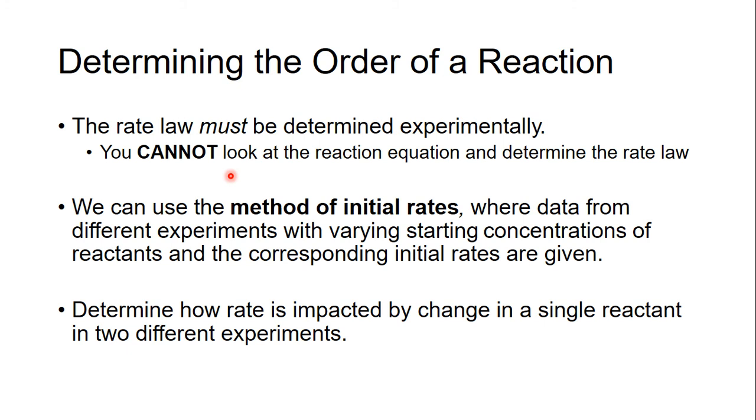It does not work that way. What you have to do is experimentally run this reaction in very short intervals and vary your starting concentrations of your reactants. By varying the starting concentration, you can deduce if something is zero order, first order, or second order.